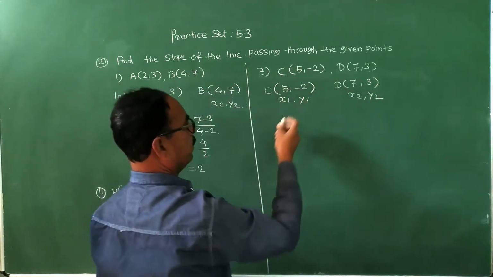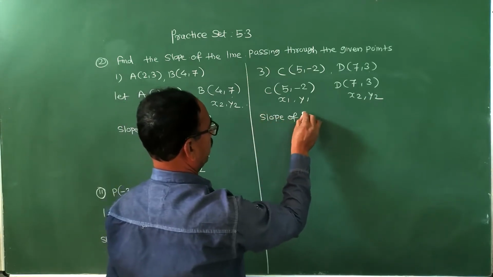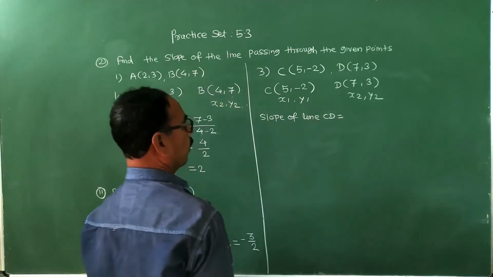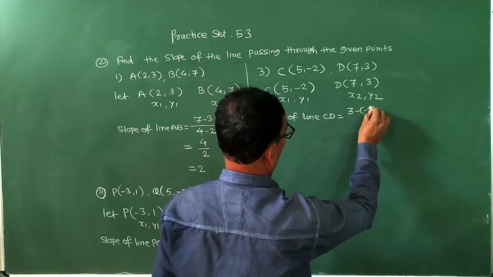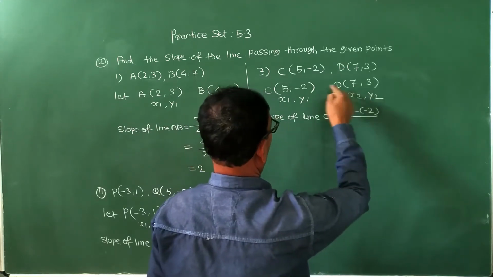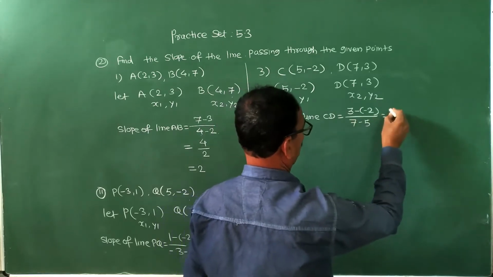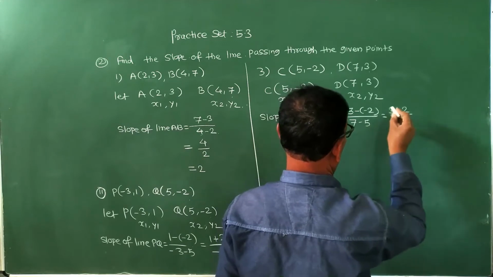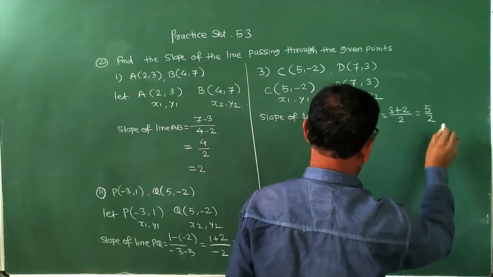So slope of line CD will be equal to y2 minus y1, 3 minus (-2), upon 7 minus 5, which will be equal to 3 plus 2 upon 7 minus 5, which is 2. This will be 5 by 2.